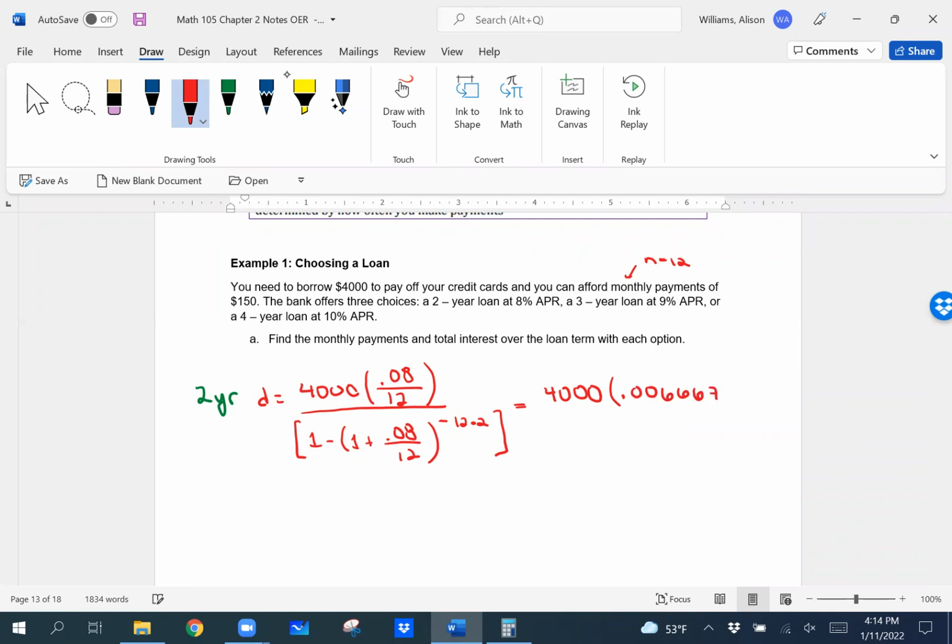That's going to be 1.006667. I'm even going to drop the parentheses, and the exponent will be 2 times 12, which is 24.